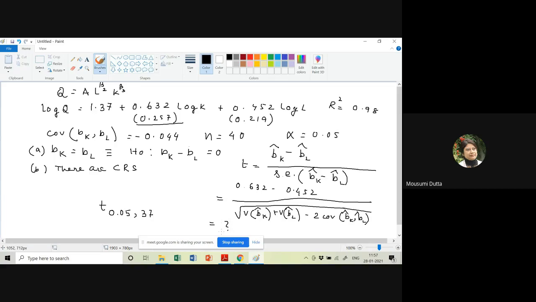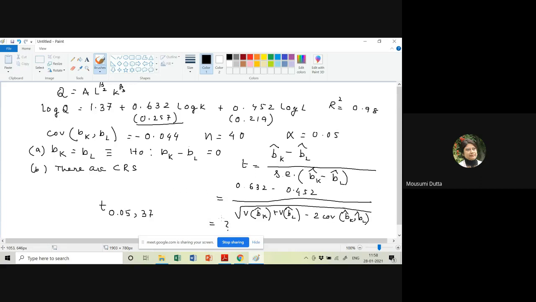And if this calculated t-value is greater than 3, directly you will reject the null hypothesis. If it is less than 1, then directly you can accept the null hypothesis. If the calculated t-value lies between 1 and 3, then only you compare with the tabular value. So it is less than 1, you accept H0, greater than 3, you reject H0. However, if the value is in between, you need to compare it with the tabular value. Okay, so this is the idea.